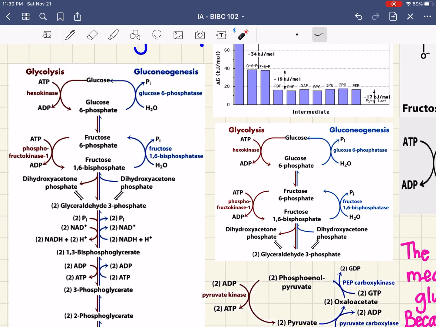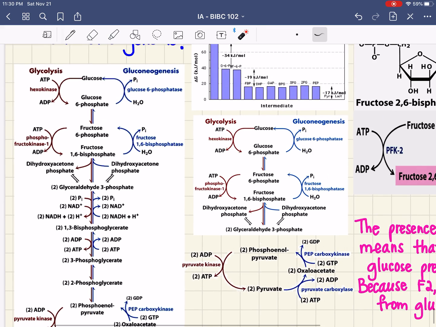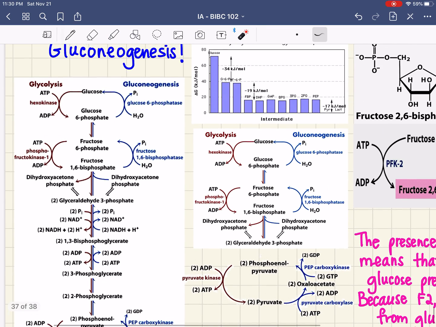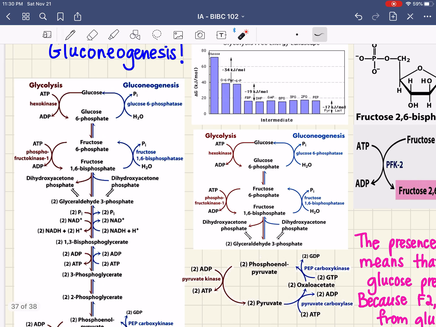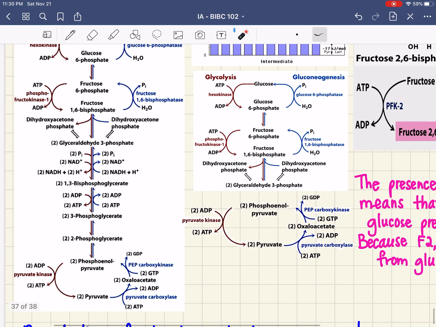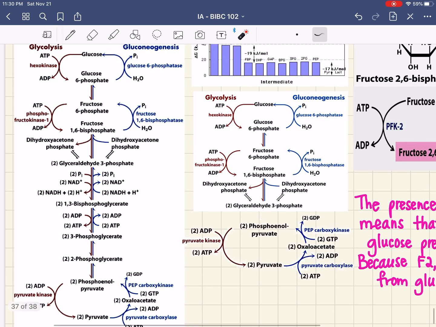So what the cell does is it has found a clever way of bypassing these reactions where there is a big energy drop. And those bypass reactions are at step 10, step 3, and step 1.